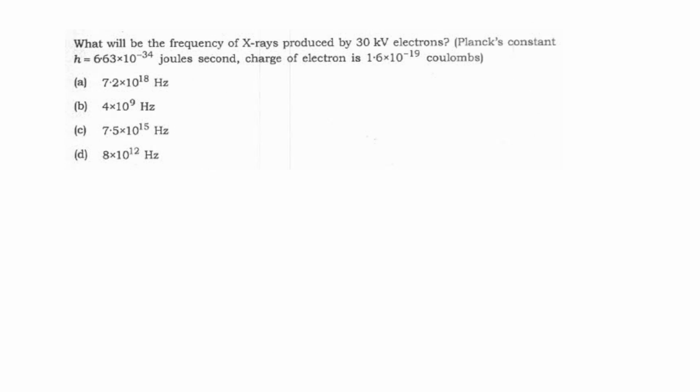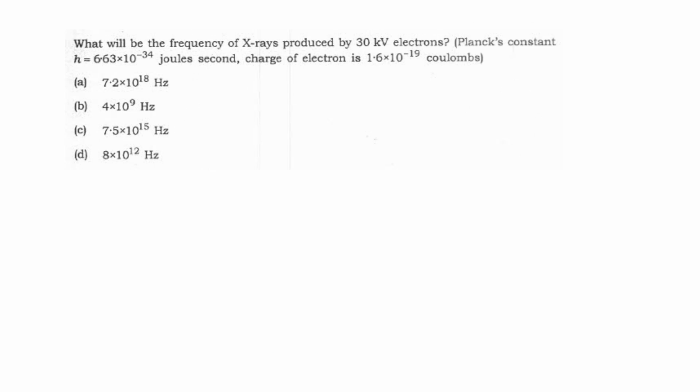The major feature of xeroderma pigmentosum results from a buildup of unrepaired DNA damage. So what will happen? There will be DNA damage, but it will not be able to repair because there is a defect in the nucleotide excision repair. So there will be a buildup of damaged DNA, which more likely develops into skin cancer. So the correct answer for this question is A, that is nucleotide excision repair.